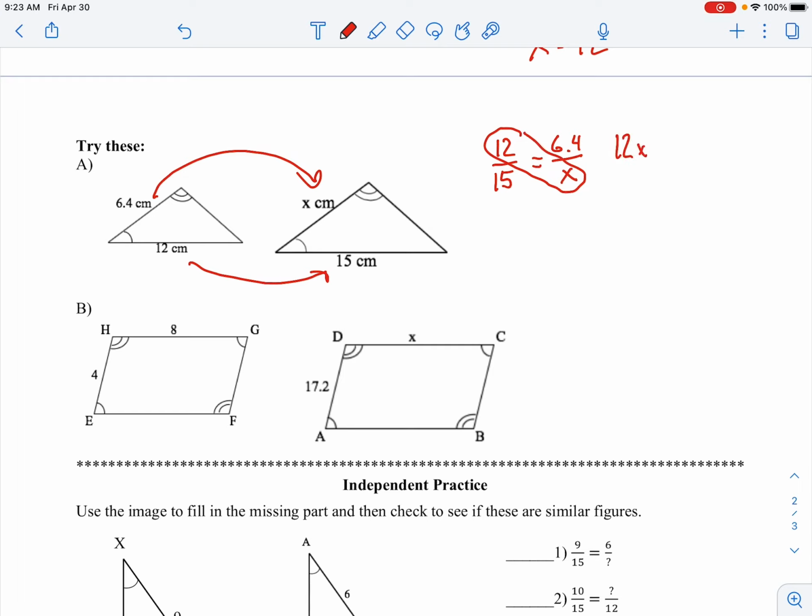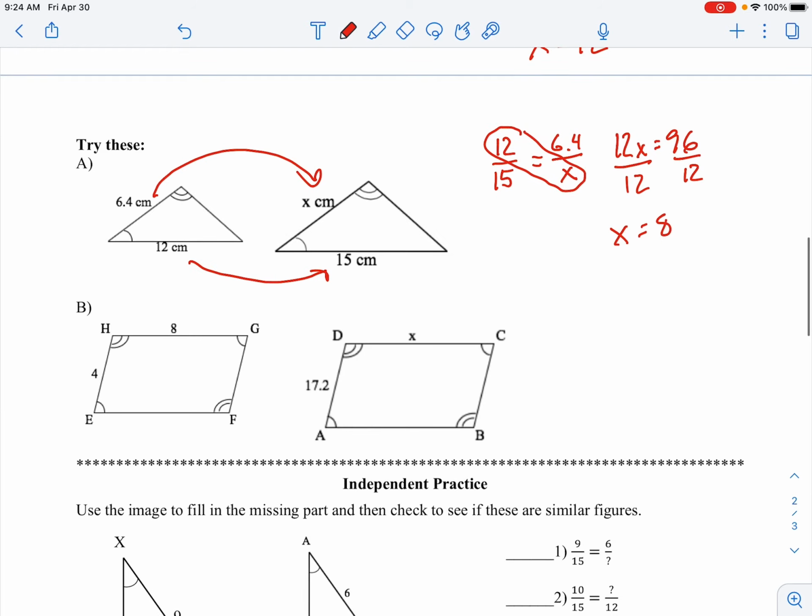So do our butterfly method. 12x is equal to 15 times 6.4, which is 96. Divide by 12, divide by 12. So that means that the missing side is equal to 8. So this isn't x anymore. We figured it out. We know it. This is 8 centimeters long.